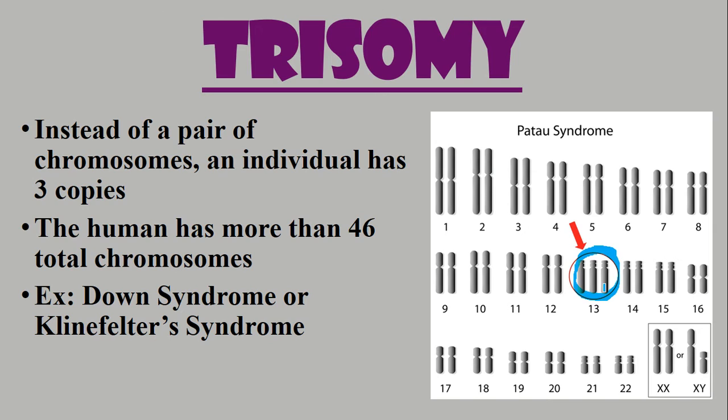So they have a disorder here because they have an extra chromosome. Some other ones are like Down syndrome or Klinefelter syndrome. I know I'm going to talk about Down syndrome, but Klinefelter syndrome is actually very interesting as well. And if you don't know much about it or you've never heard about it, you may want to go look it up. It's a very interesting disorder.